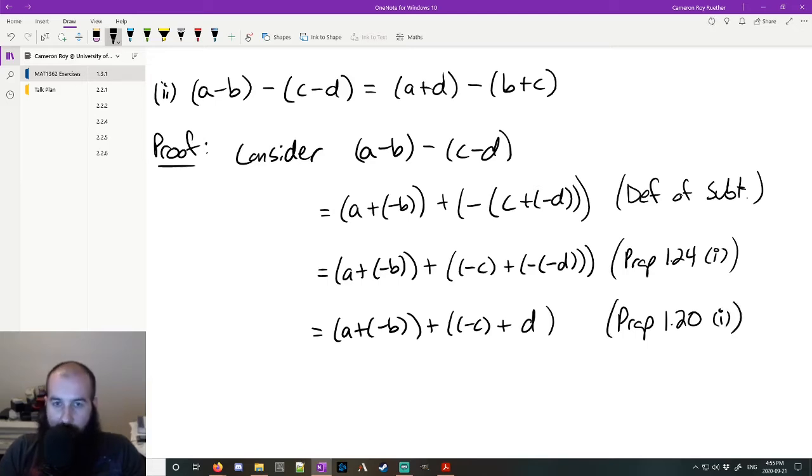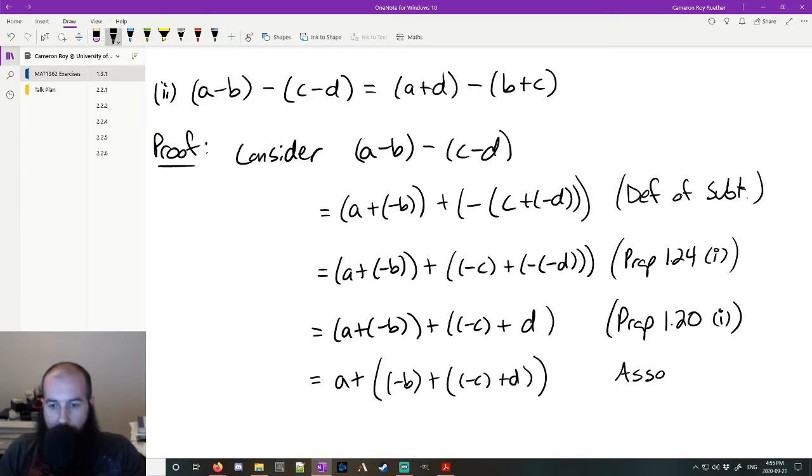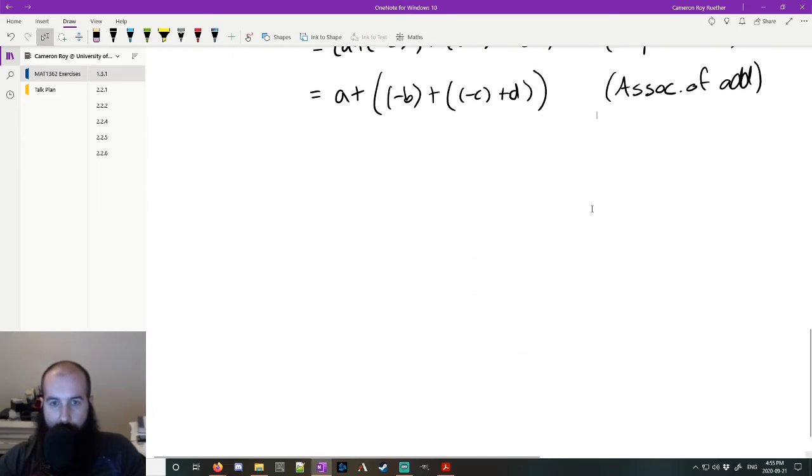And now we just have to use associativity and commutativity to group the A and the D and the B and the C. So let's do that, with some associativity. Let's put the negative B and negative C together, also with associativity.